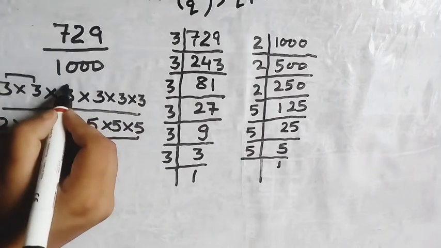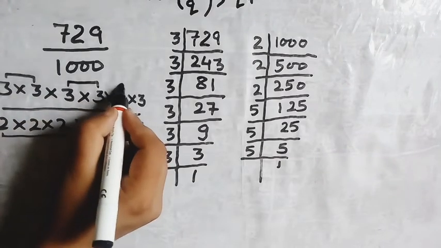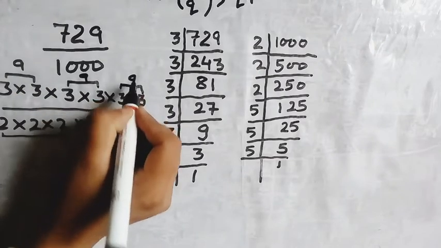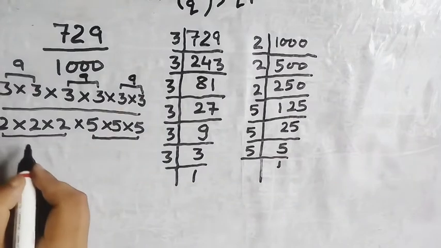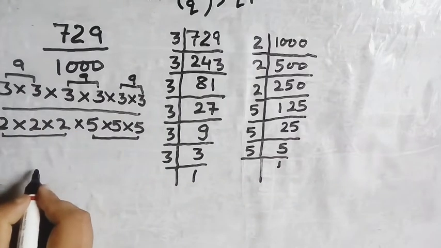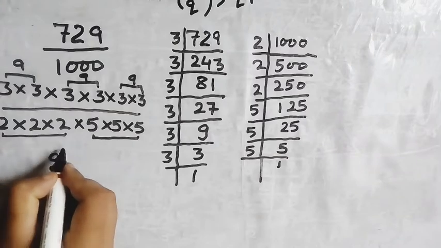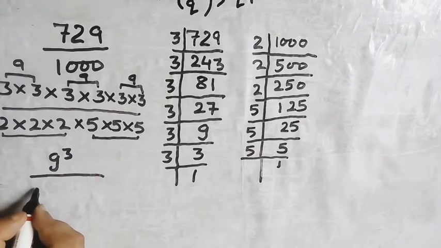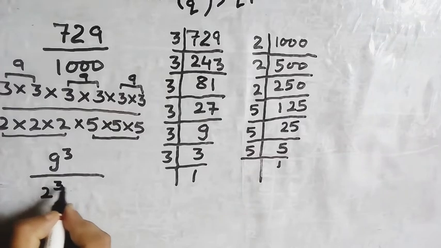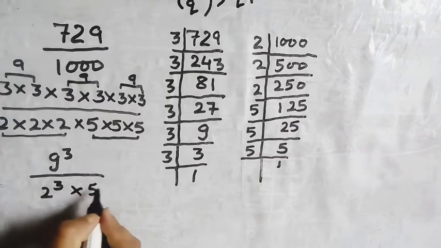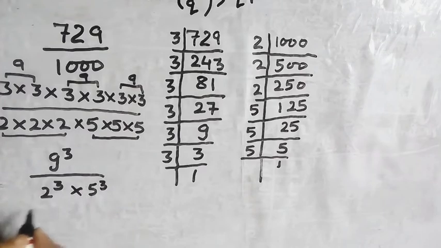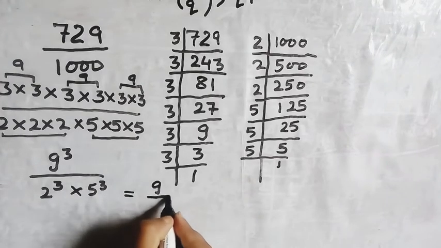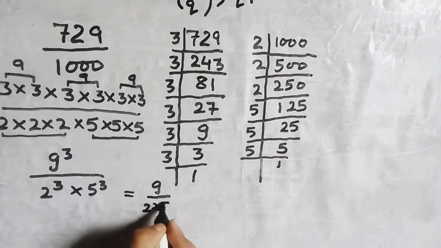So numerator we also have to divide into 3 groups. So these 3 groups will be 3 3s are 9 into 3 3s are 9 into 3 3s are 9. So now this can be written as 9 raised to power 3 in the numerator and 2 raised to power 3 multiplied by 5 raised to power 3 in the denominator, which will be equals to 9 upon 2 multiplied by 5.